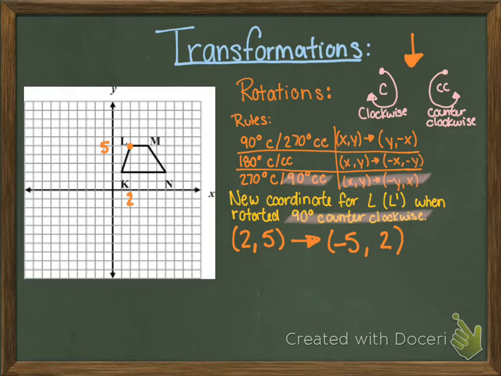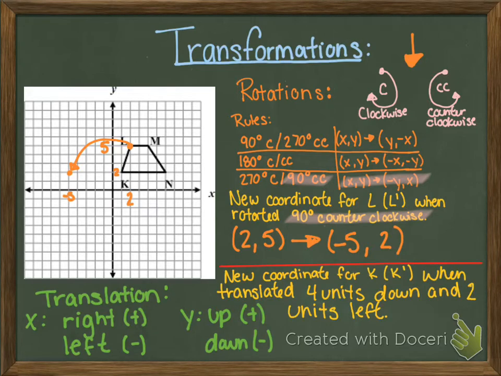So I'm going to go ahead and plot that. So that's going to be -5 and 2. So if I was to rotate that, this would end up right here. Hope this helps. Now the other thing I wanted to show you is translations.